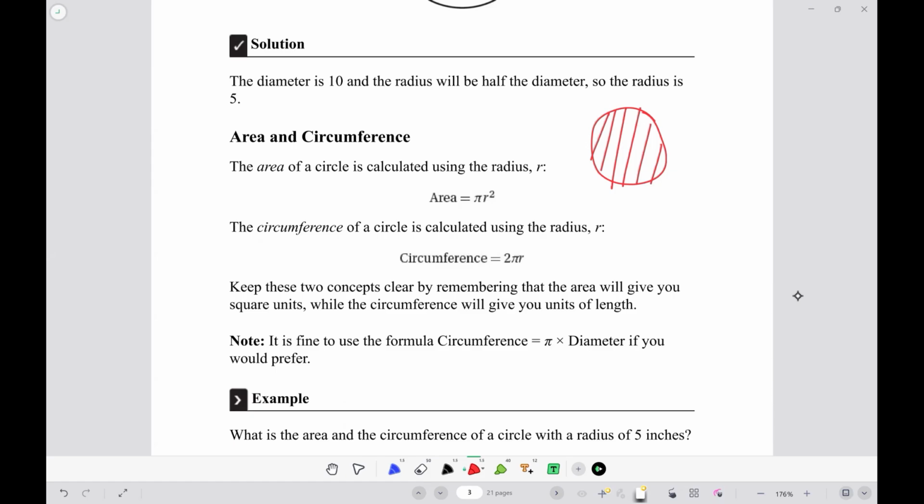And till now, what we have talked about are geometrical shapes like rectangle, square, parallelogram, trapezoid, and other shapes like polygon, pentagon, heptagon, hexagon, octagon, nonagon, whatever it is. They all are two-dimensional.